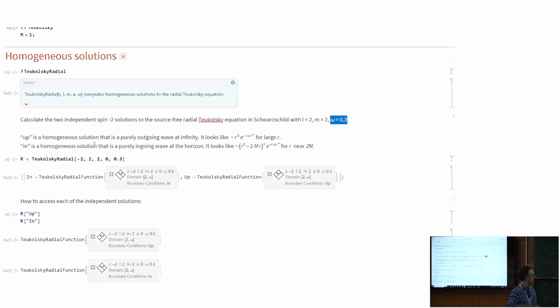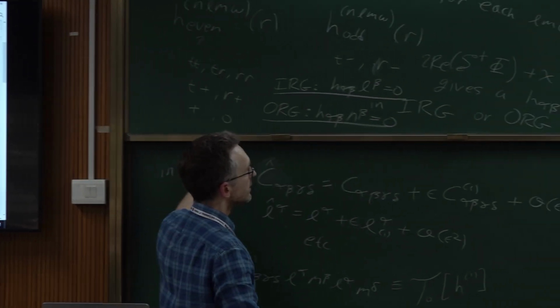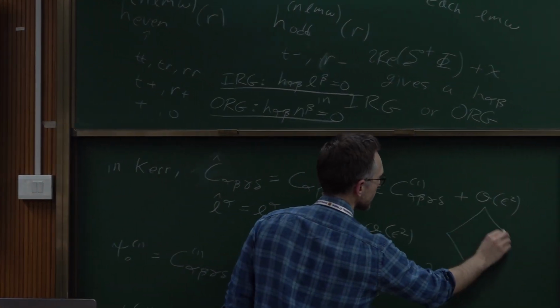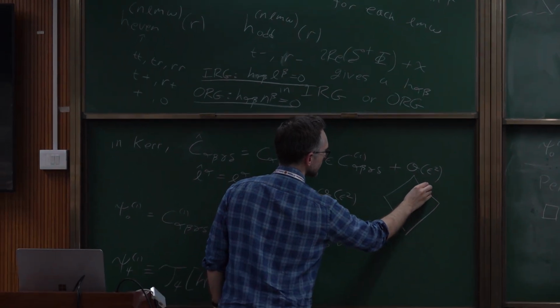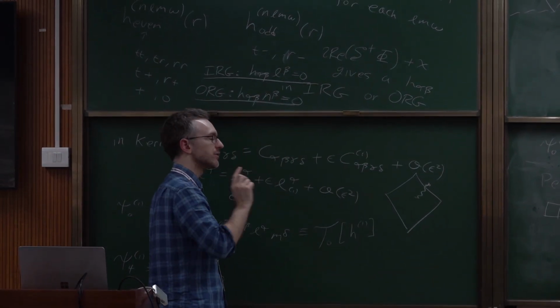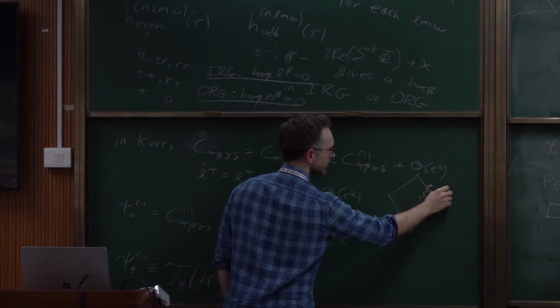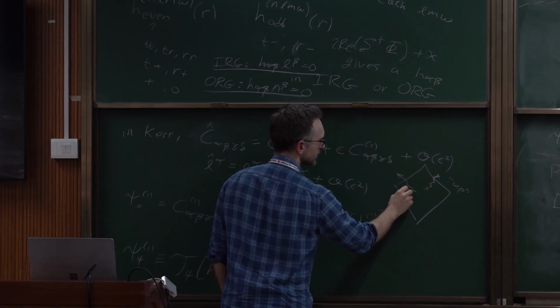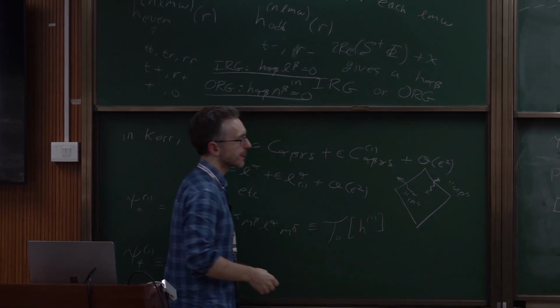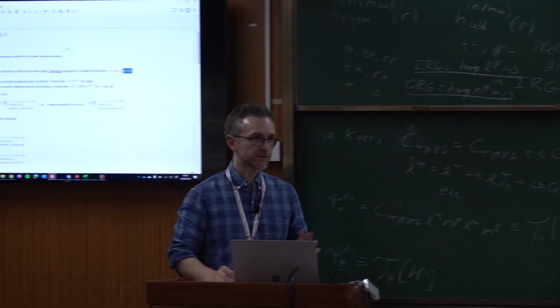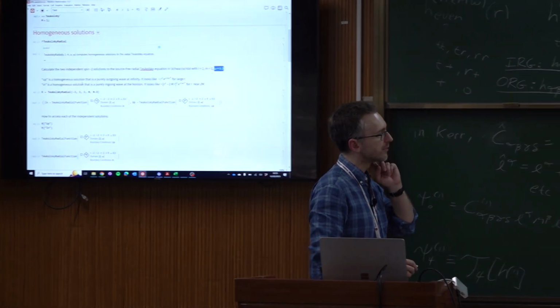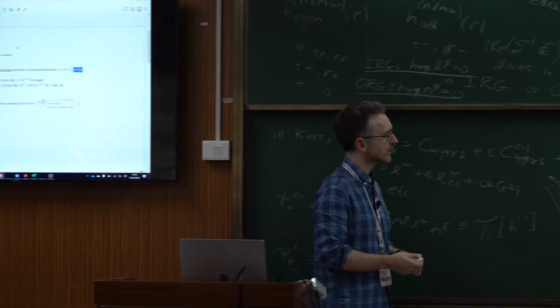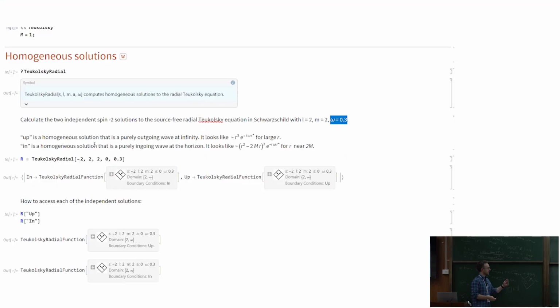Up means you have a solution that's purely outgoing towards scri plus, and the thing that's purely ingoing to the horizon is called in. There's actually 4 different choices of basis function people use, which are in, up, out, down. But these are the ones that are giving you the physical behavior at scri plus and at the horizon.